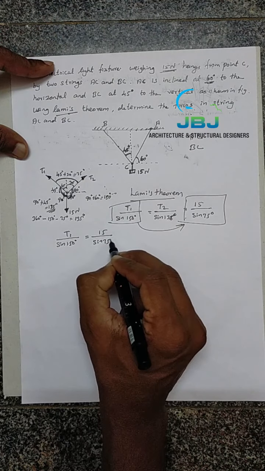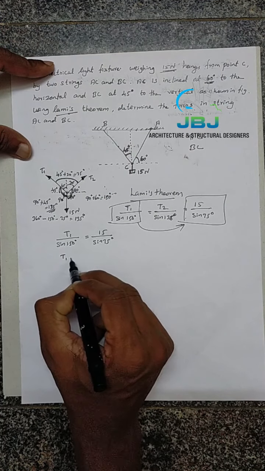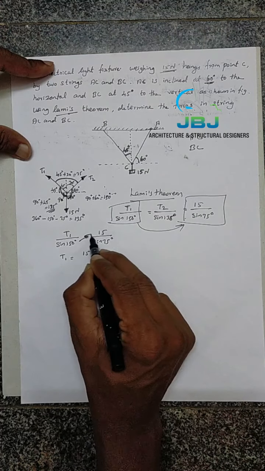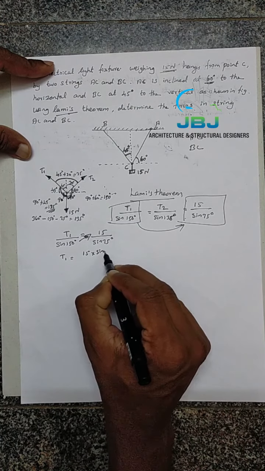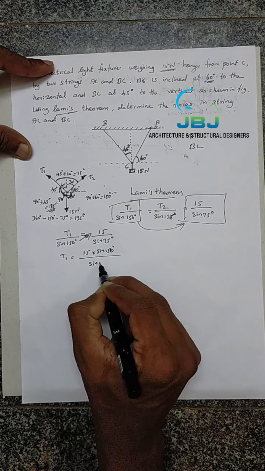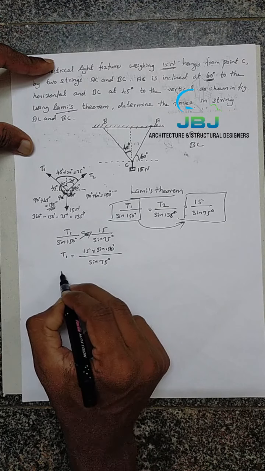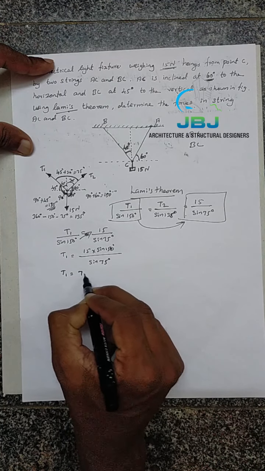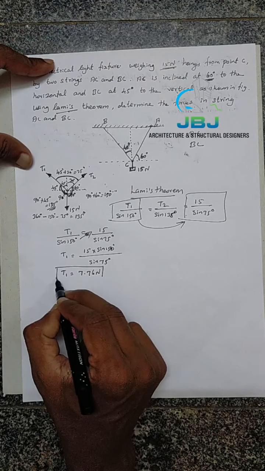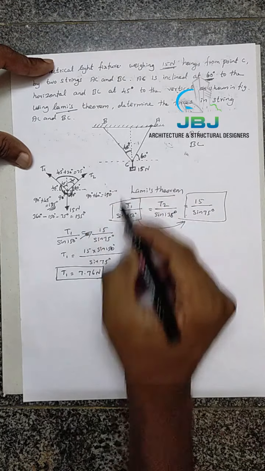Here we should find the value of T1, right? T1 equals 15 into, you can cross multiply, sine 150 degrees divided by sine 75 degrees. When you calculate this, you will get T1 equal to 7.76 Newton. We have just found the tension value of this BC.